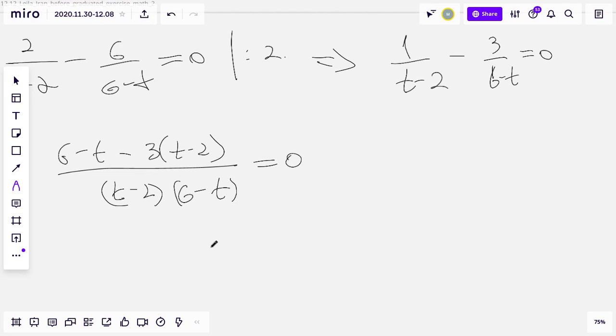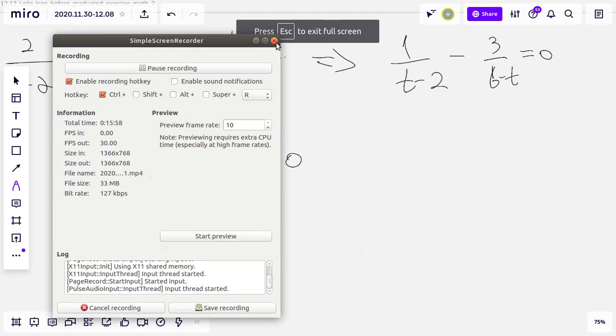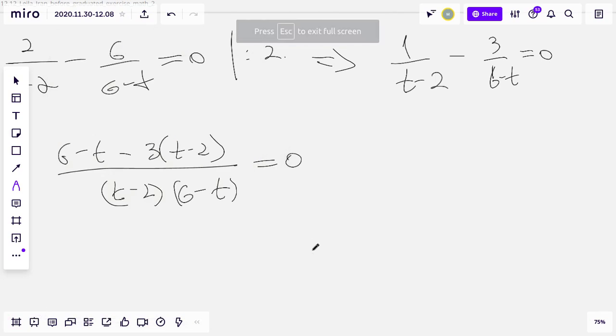Now we know that a ratio equals 0 when the numerator equals 0 and the denominator does not equal 0. The moment when velocity equals 0 is not equal to 2 or 6. That's why the denominator never equals 0.